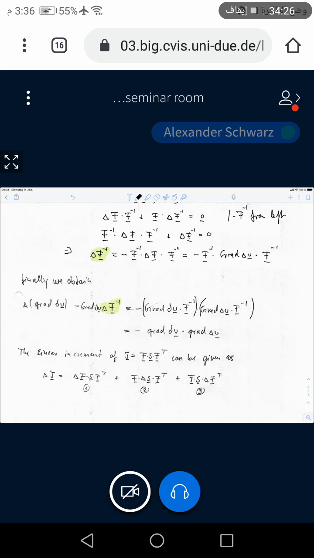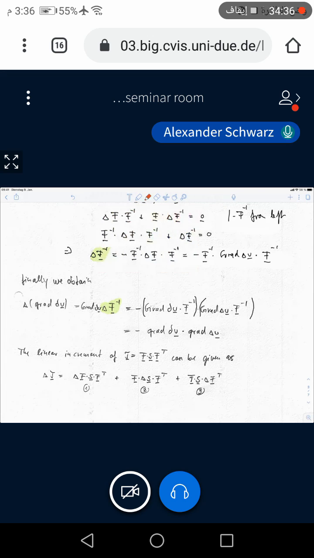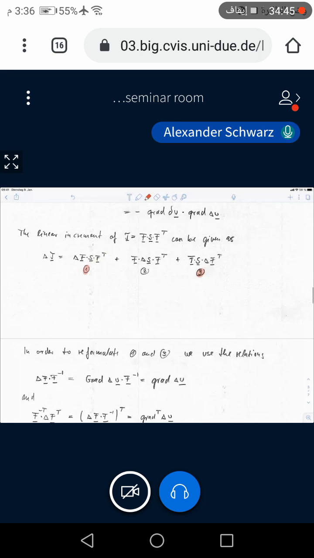Perfect. Now we have some deltas, and I will start with the first and the last part, in another color. These two parts were discussed regarding these deltas and what happens to them.